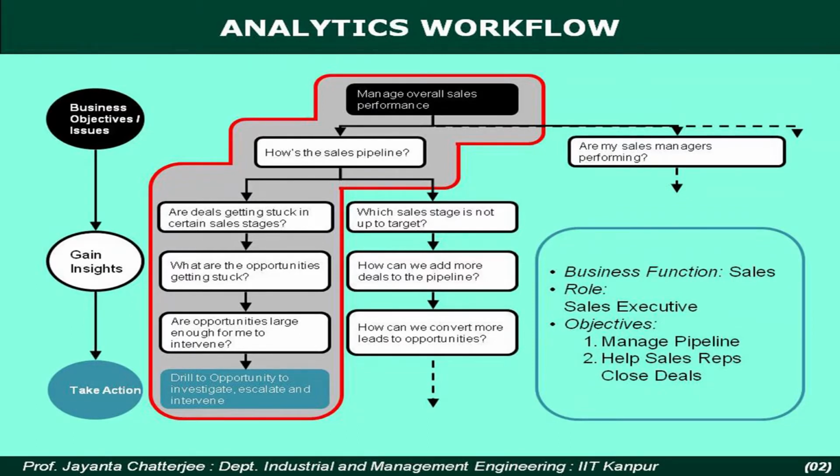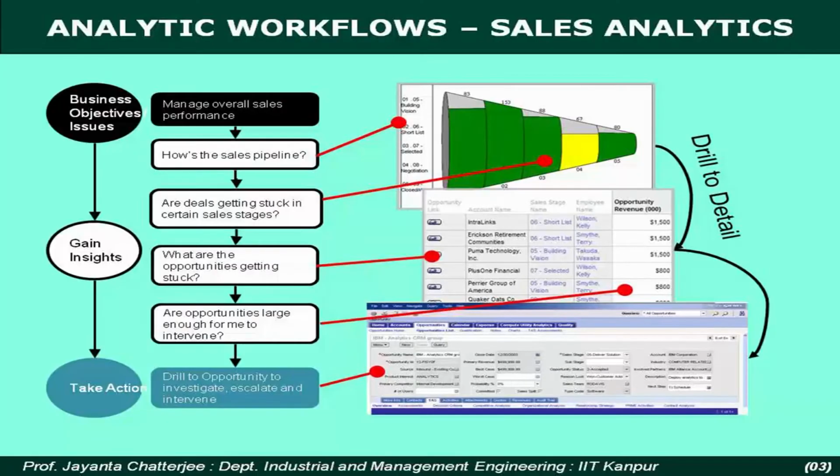So overall, we want to collect data with respect to the business objectives and sales objectives, then gain insight by analyzing those data and create a charter for action. This is the purpose of sales automation or sales analytics.